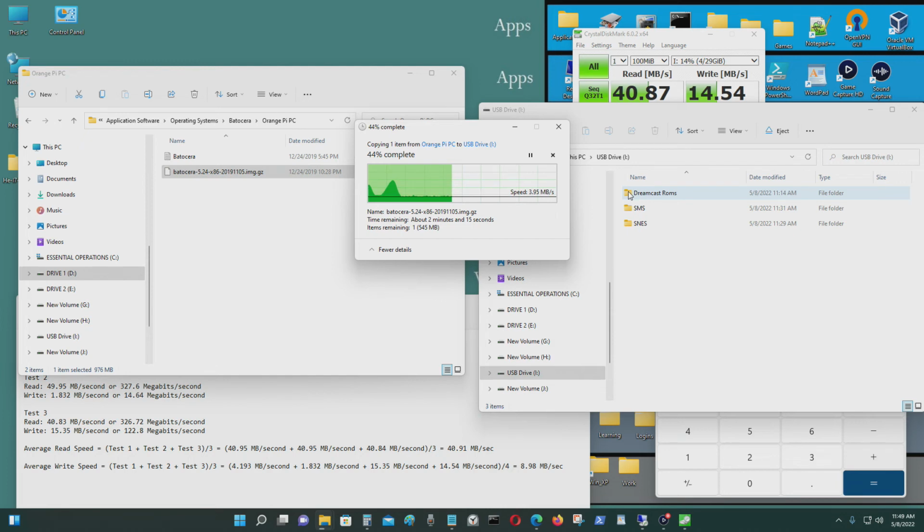You could do that as well. That's fine, but for writing stuff to this drive, it's quite painful and slow. That's the bad thing about it.